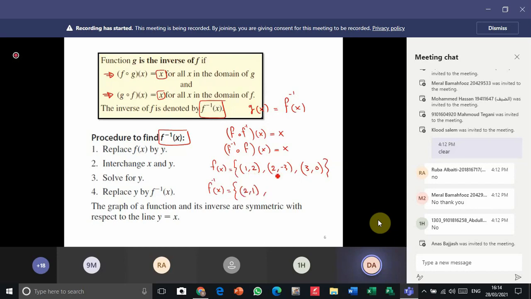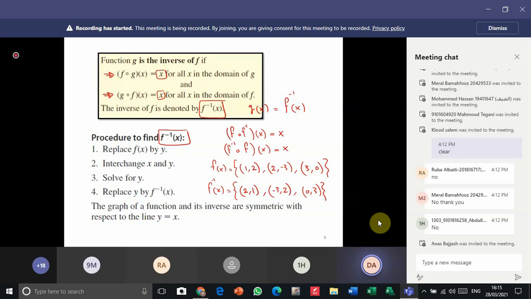If we have point 2, -3 in the f of x, the inverse must be -3, 2. So swap between x and y coordinates. Also, we have 3, 0, and the inverse equals 0, 3. Okay, this is the value of f inverse if we have f of x in ordered pairs.